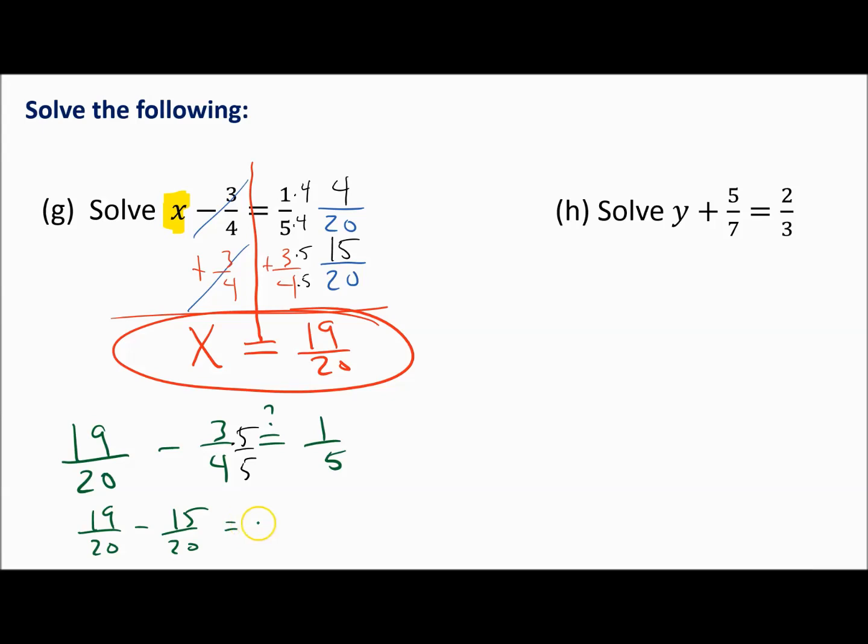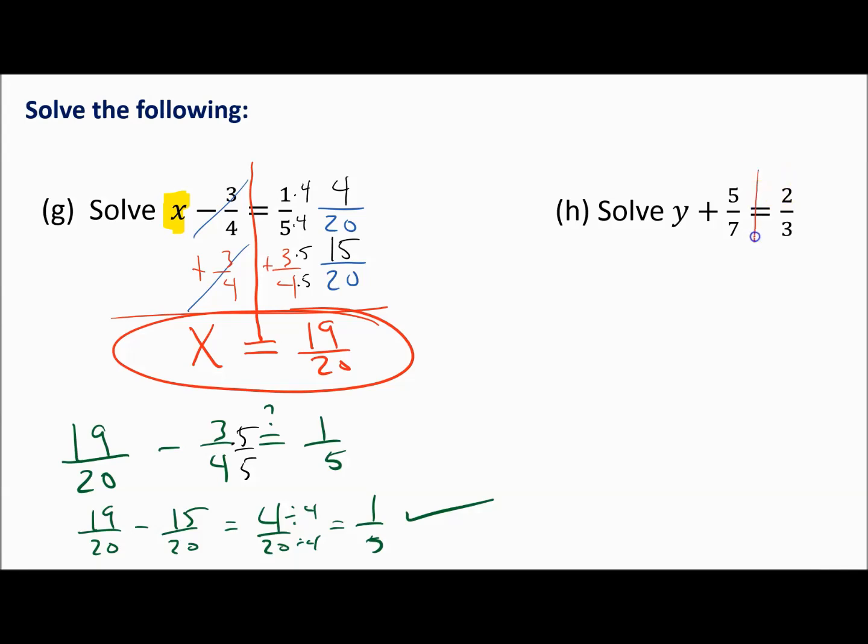I'm running out of room, so I'm going to go to the right. 19 minus 15 is 4 over 20. Now that reduces. You can divide that by 4 and divide that guy by 4, which is 1/5. So it checks. Checking these fractions problems is not as fun. I know, because you're dealing with fractions. Yet probably the most important ones to check, because that's where people make the most mistakes.